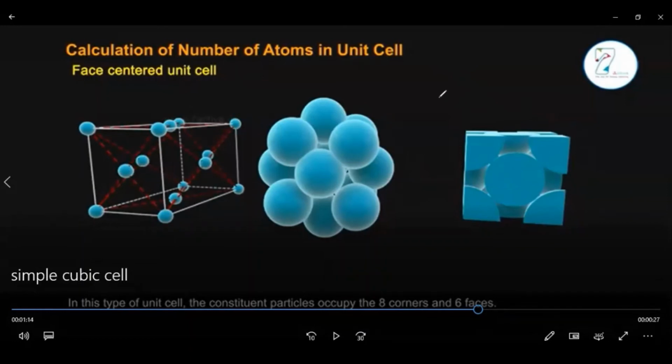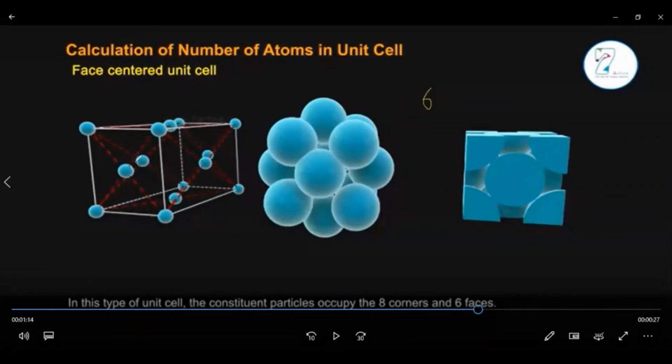Why half? Only half of the atom is inside the cube, and the other half is outside. So this is a half atom.